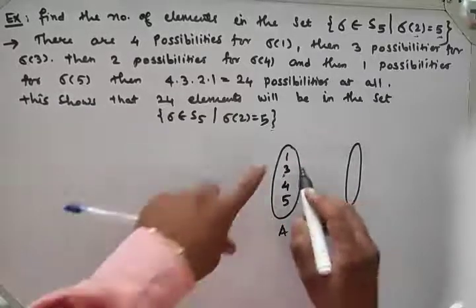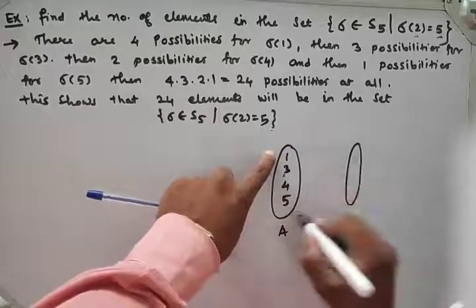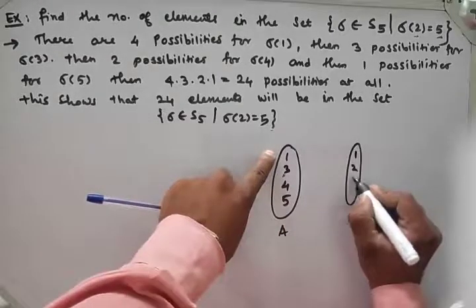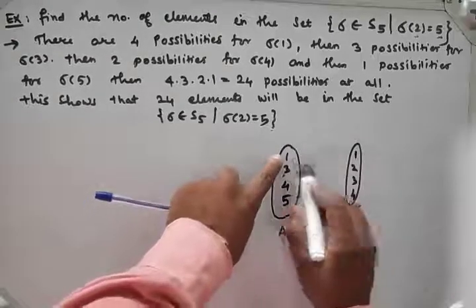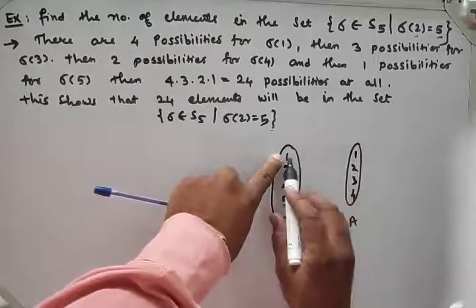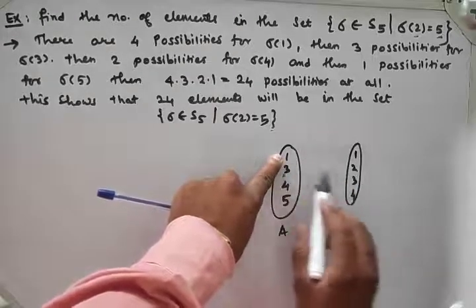So the first element 1 has 4 possibilities: 1 goes to 1, 2, 3 or 4.